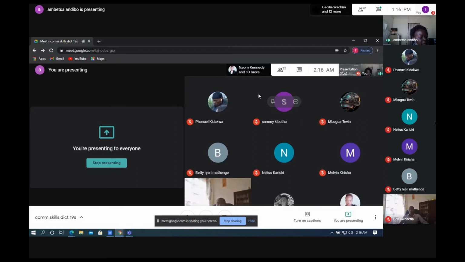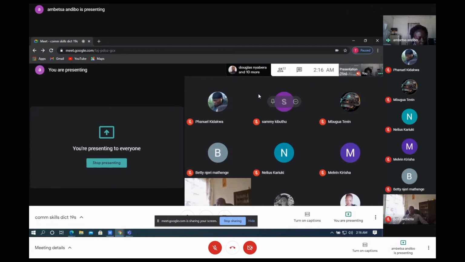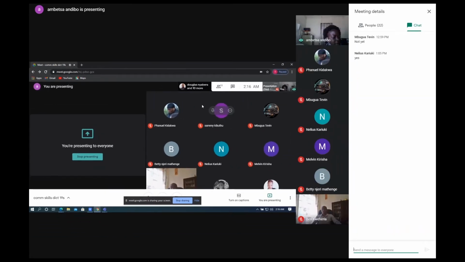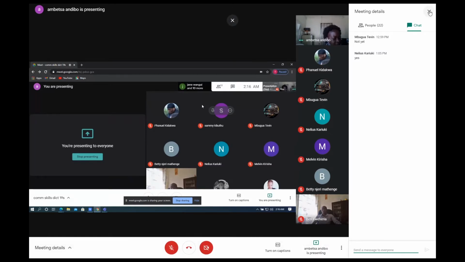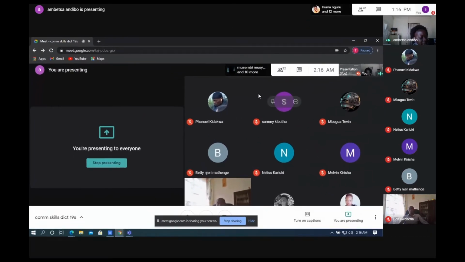The third one, to recommend improvement. The fourth one, to meet legal or statutory requirements.